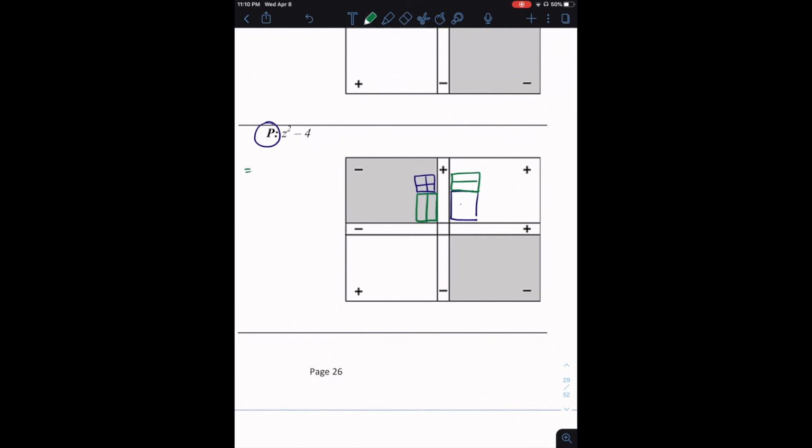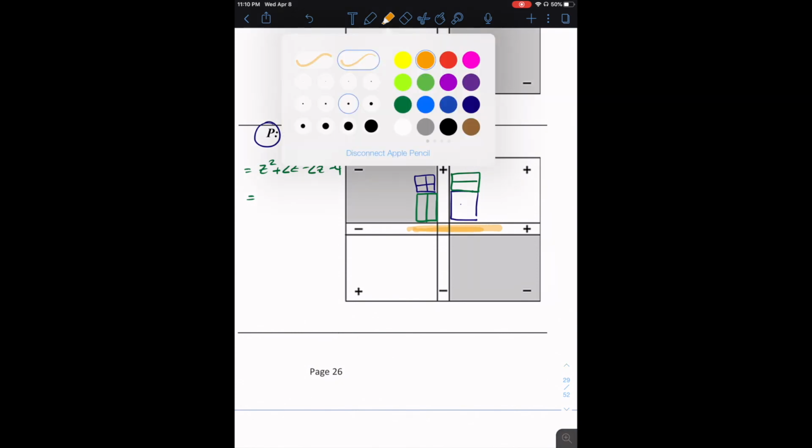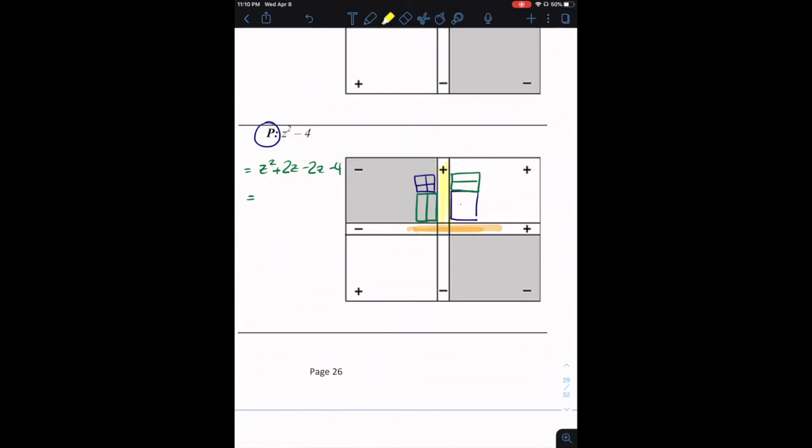So what we actually modeled was z squared plus 2z minus 2z minus 4. And the factors for those were z plus 2, z minus 2, which is the difference of squares.